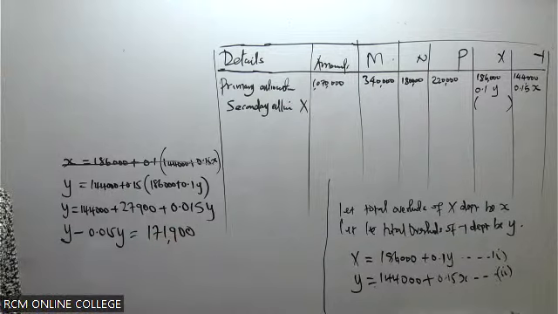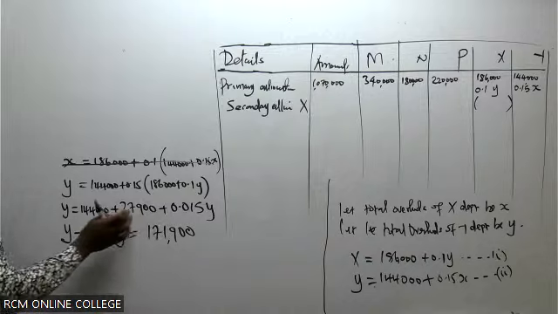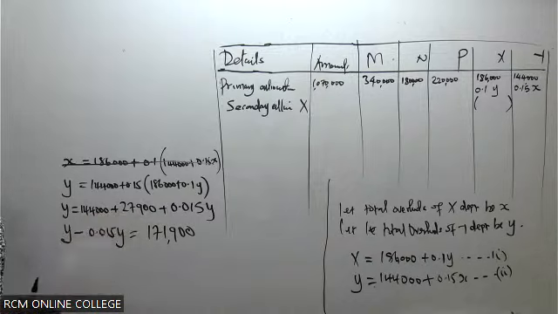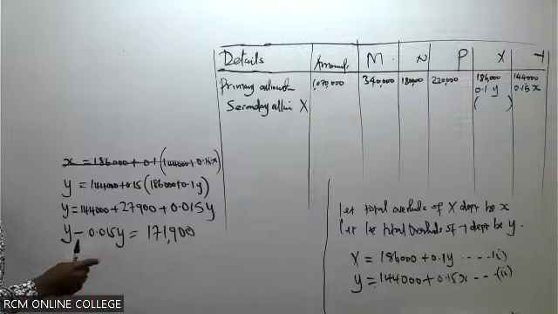171,900. Somebody to confirm? These two, if you add them, you are getting 171,900. Are you getting that? Good. So someone has gone ahead and even given us the difference here.